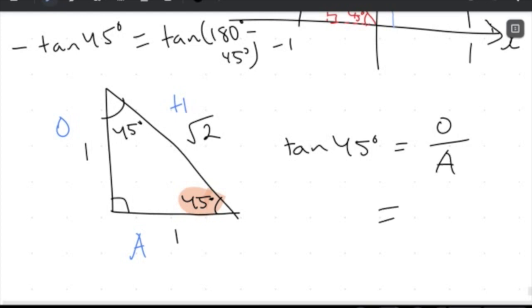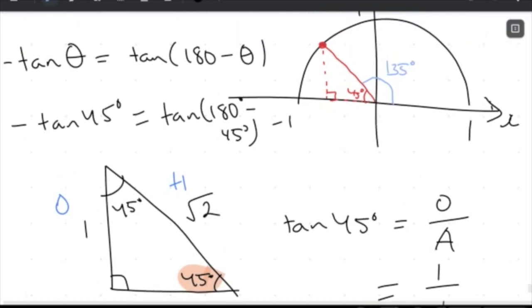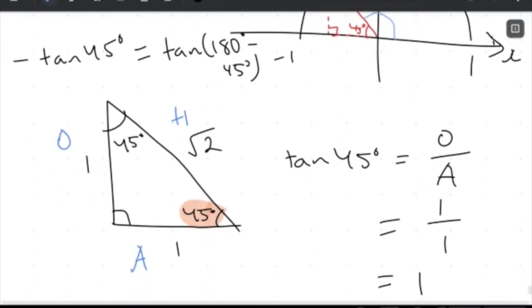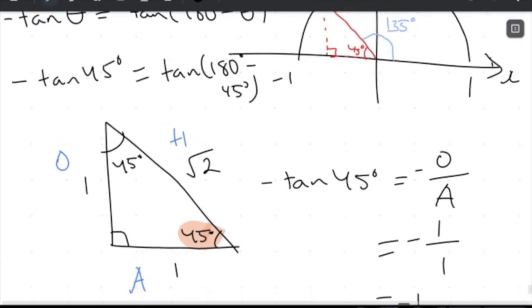So I have here 1 over 1, which gives me 1. But we are in the second quadrant, so my tan is going to be negative. So all of these become negative. And that is my answer to this one.